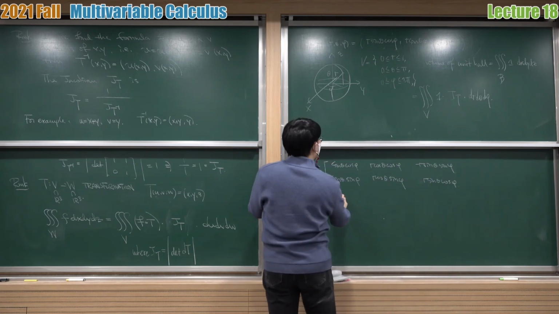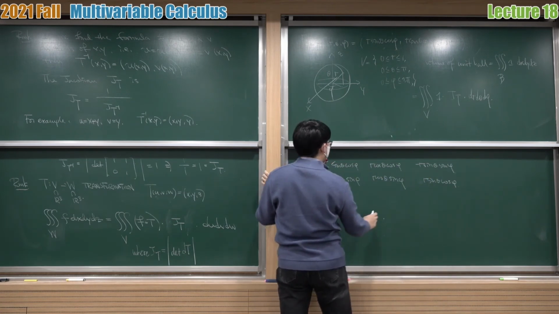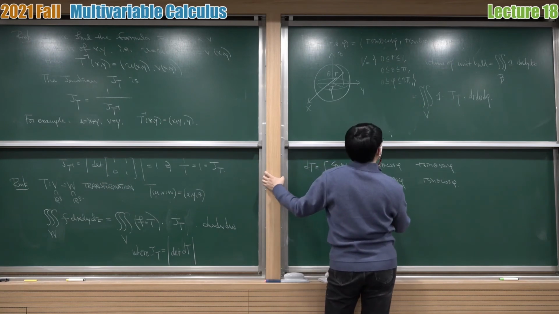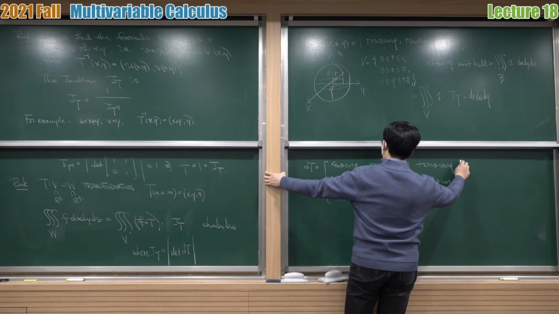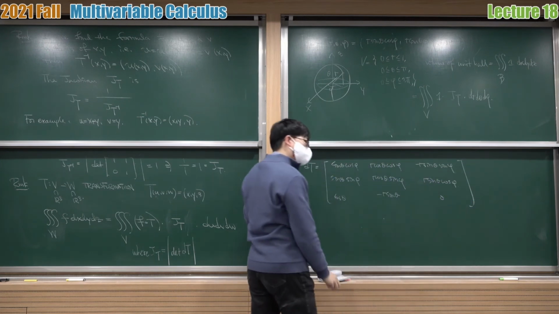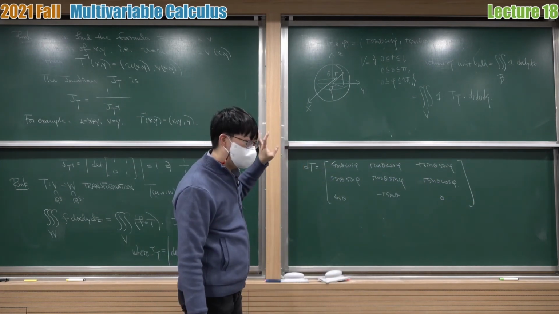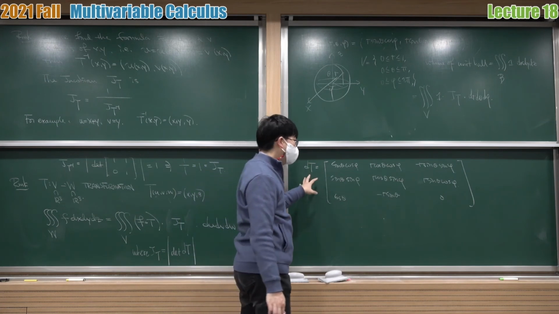And the last row: cosine theta, minus r sine theta, 0. Right? This is the differential, and then we take the determinant of this.